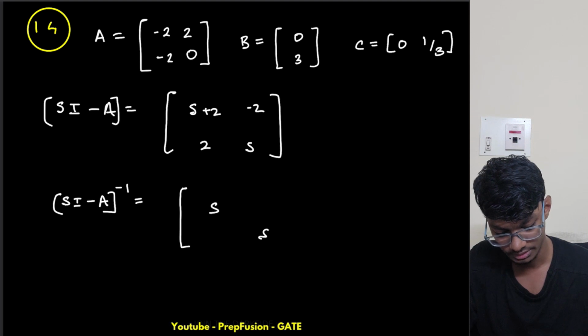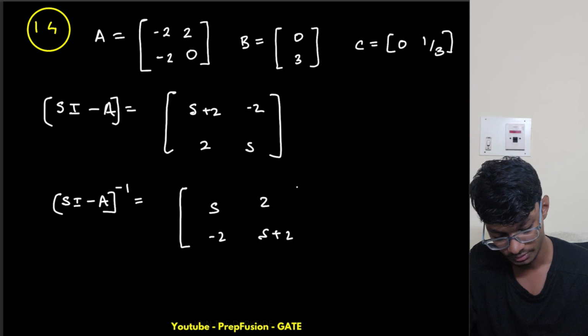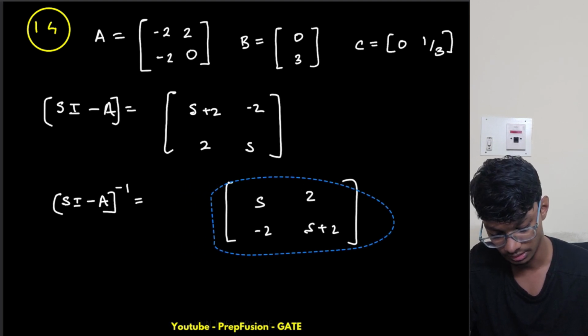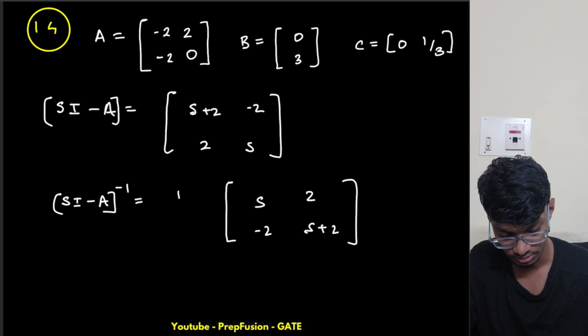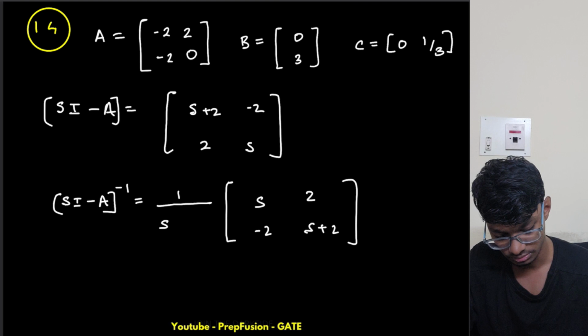This swaps, right? S plus 2, this is 2, and this is minus 2. And what is the determinant value? It is again the same only. So it becomes s square plus 2s plus 4.